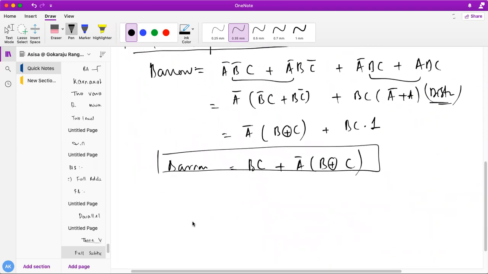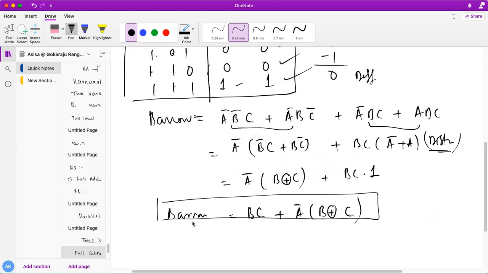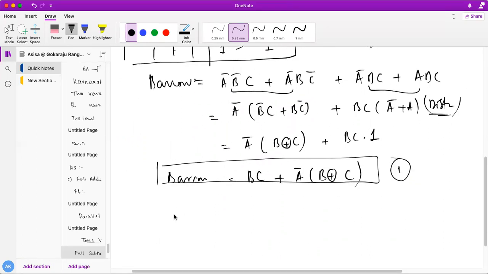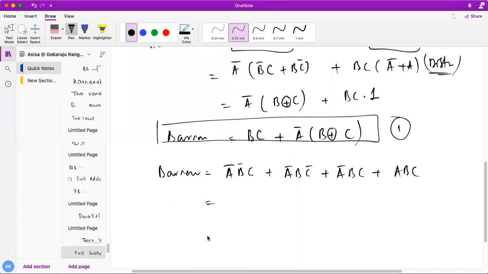Now what I can do, instead of doing that, again I took the same borrow equation, whatever I got here. What are those? A bar b bar c, a bar b c bar, a bar b c or a b c. Okay, so what I am going to do, I am just going to add two more a bar b c.